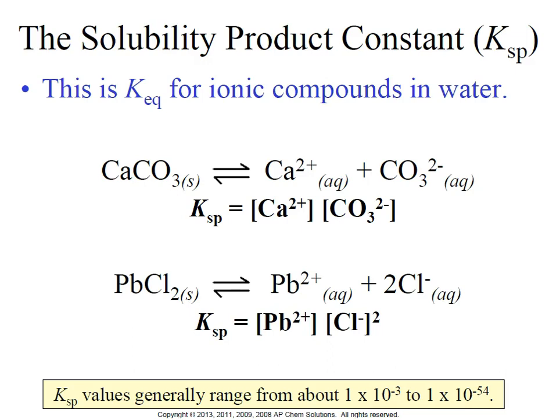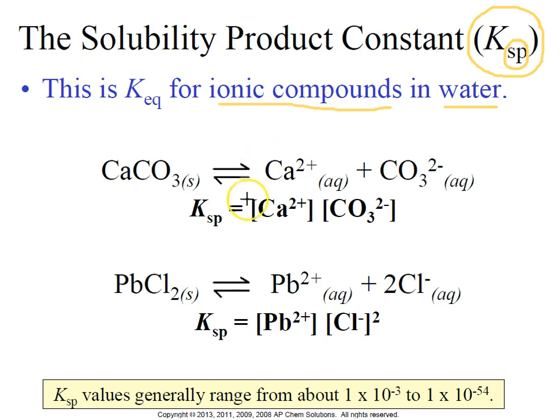Alright, so let's start off with what is known as the solubility product constant. The solubility product constant is the equilibrium constant for ionic compounds in water. When you see this K with the little SP, that's what the SP stands for, solubility product. And it always applies to an ionic compound dissolving in water.